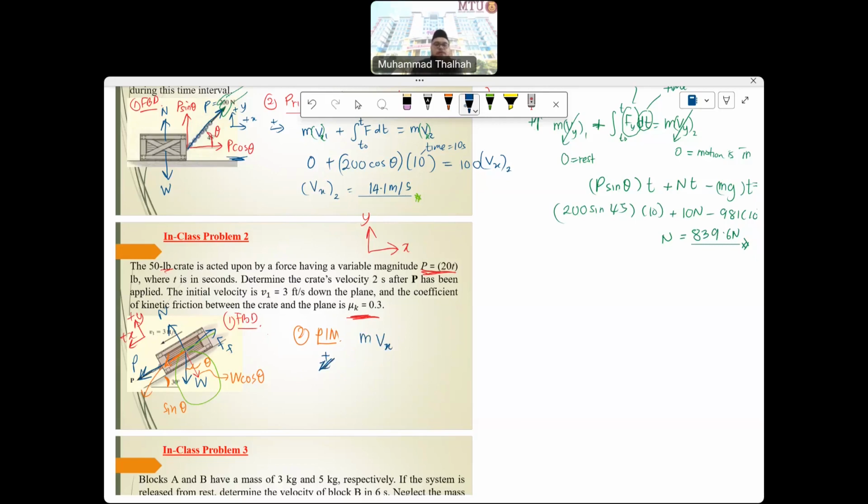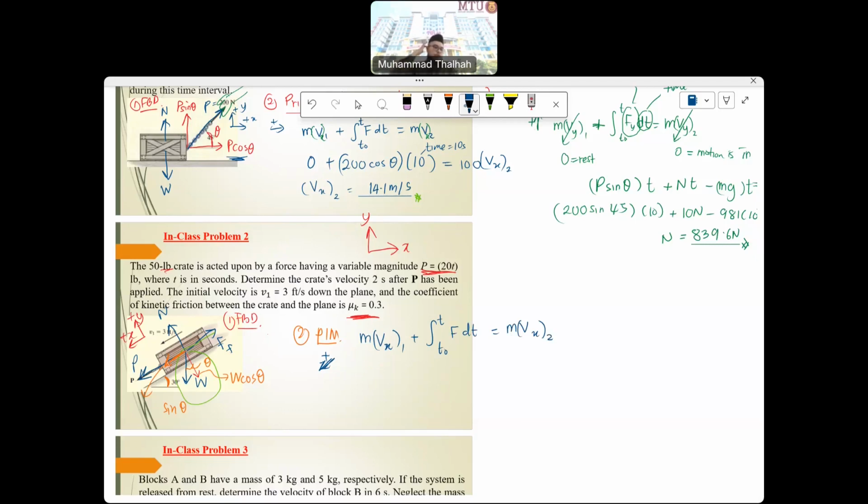Positive, we are working on that one first. So m v_x at time 1, plus your sum of impulse from time 0 to time t, is going to equal m v_x at the second point in time.